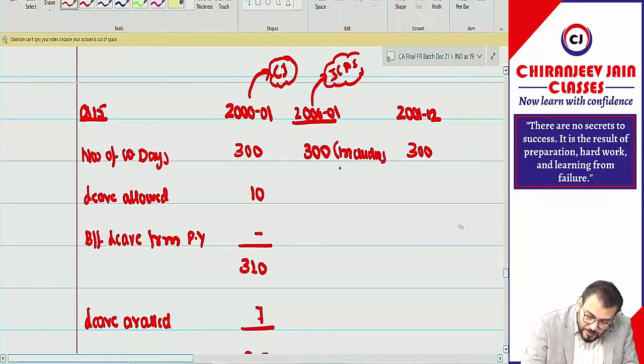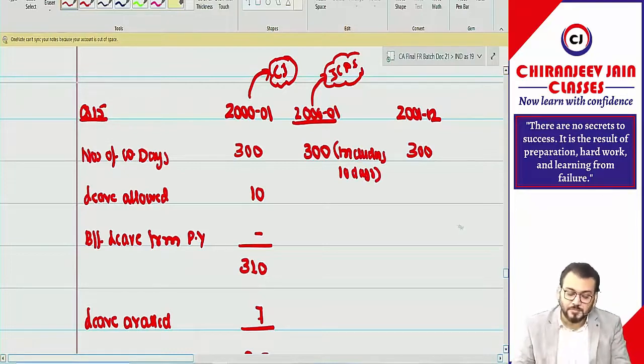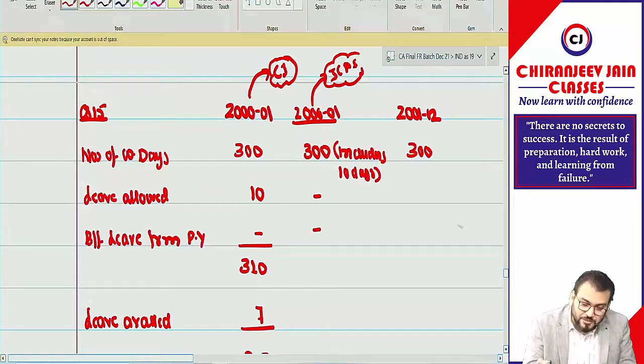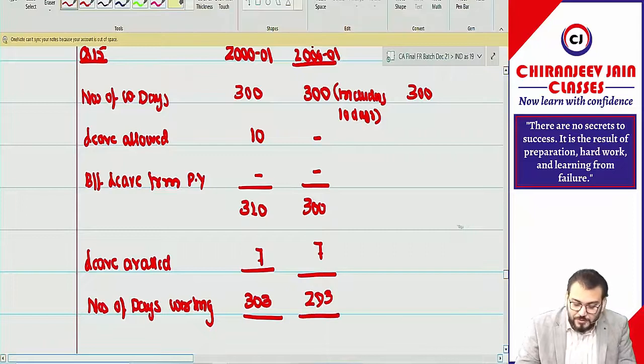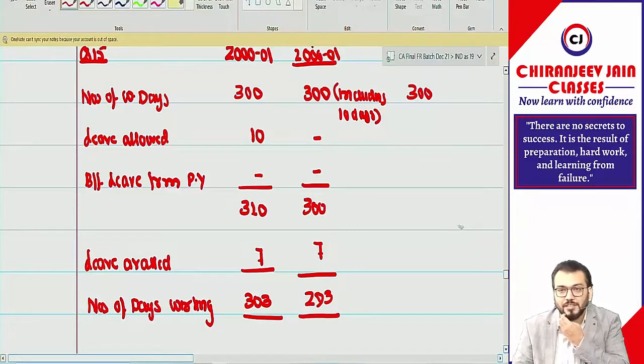Including 10 days means this will not be added, so 0 only. It becomes 300 minus 7. As per their working, it is 293 days.